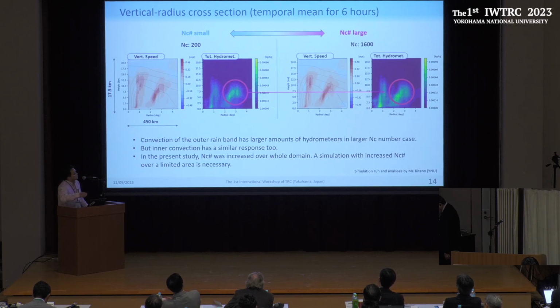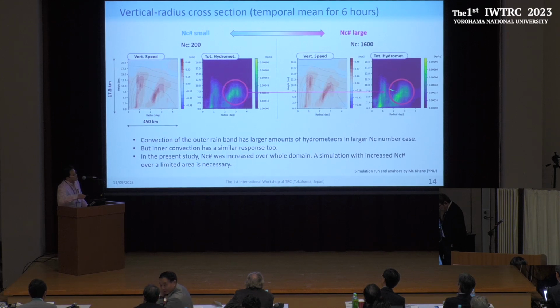You can see higher values of total hydrometeors in the large NC case, but also a similar response inside the tropical cyclones, because we changed the NC number for the whole computational domain. So we need to check more limited areas as necessary.